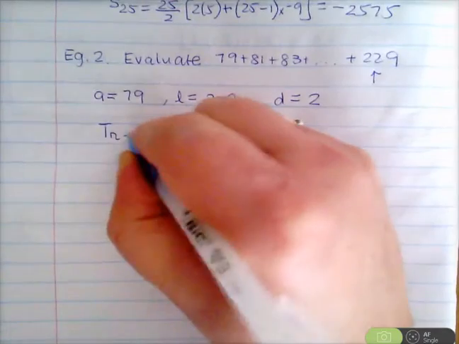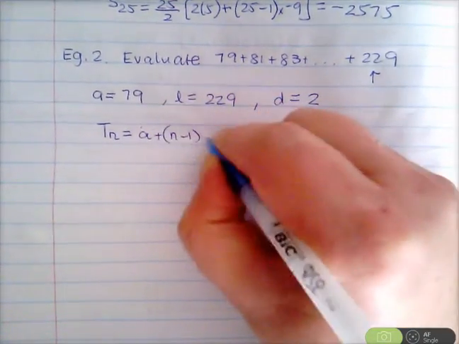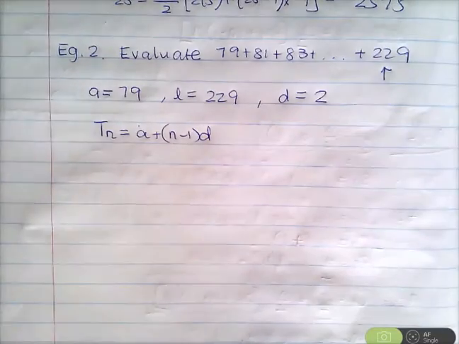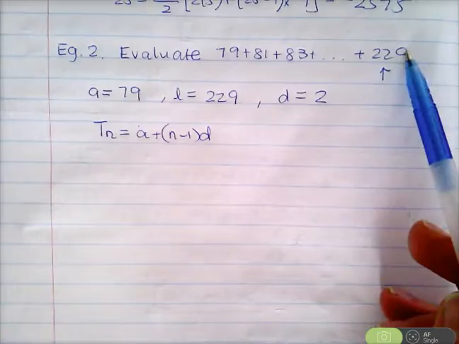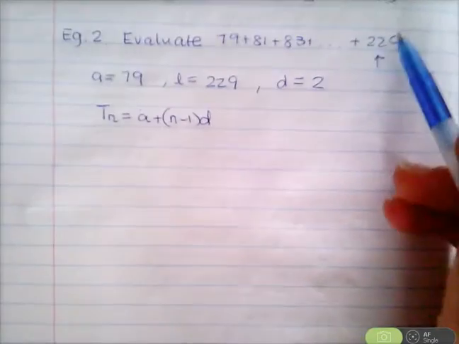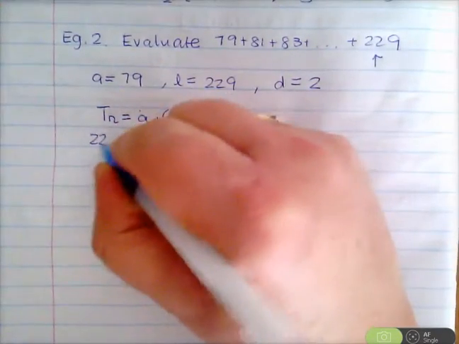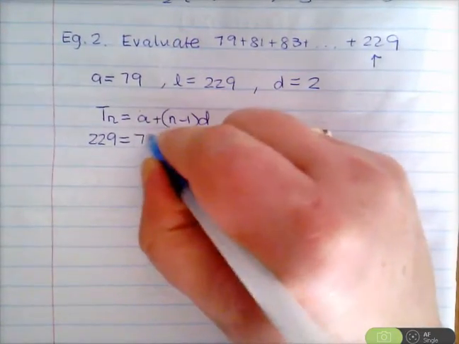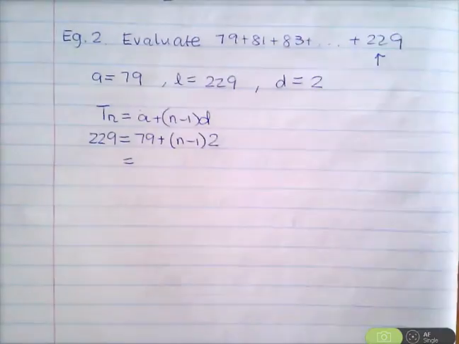So we use Tn equals a plus (n minus 1)d from the last exercise. By looking at this, we can't work out which term it is unless you want to sit there and guess, but that would take you forever. So we're looking at this last term. We just want to work out what n is for this particular term. So 229 equals a, which is 79, plus (n minus 1) times the common difference, 2.